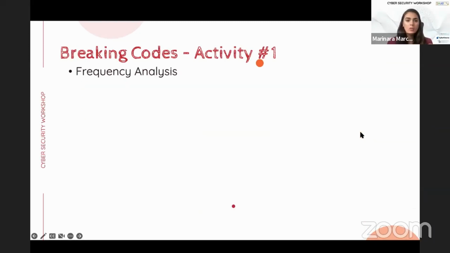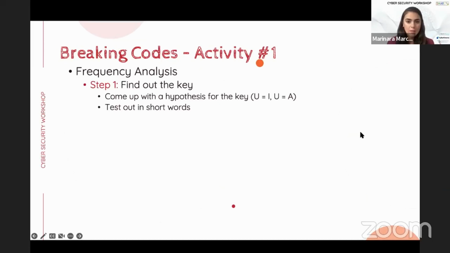For example, we could say that U equals I, the word I, or U equals A, the word A, and test out in the other short words if that key would work. So how would we do this? We'd get our scissor ciphers and align in the outer circle U, or you can do the inner circle as well, U equals I. It's just going to vary where you're looking for it.